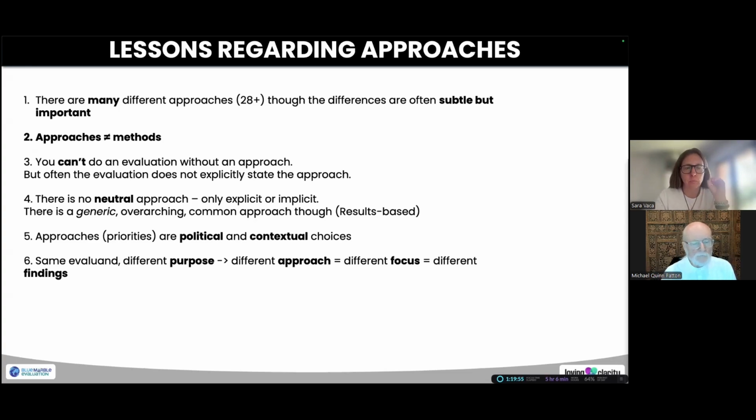Then it's interesting that since we have different evaluands, but we also can have different purposes, like we saw in the purposes video, that would lead to different approaches, different focus, and therefore what we say about the same evaluand may be different because our lenses change. The example we've used is a global alliance working on cybercrime and on the ways in which women and girls in particular are at risk in the cyber world.